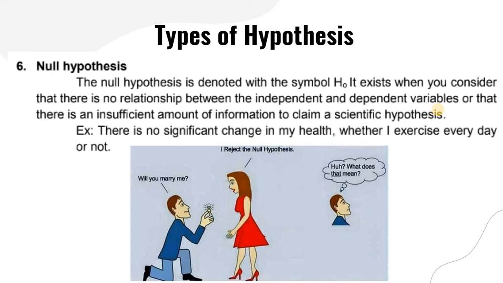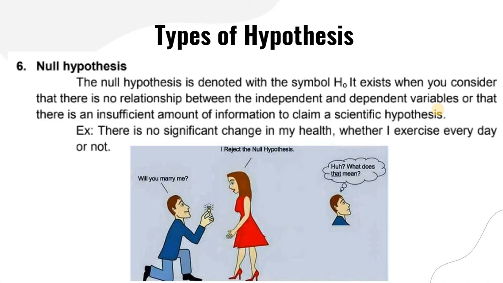Itong null at alternate hypothesis are the most common types of hypothesis being used in practical research and even in college research. Nabanggit ko na yung meaning kanina. Pag sinabi mong null, no, negative, no observed effect.